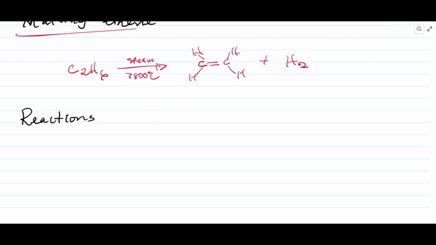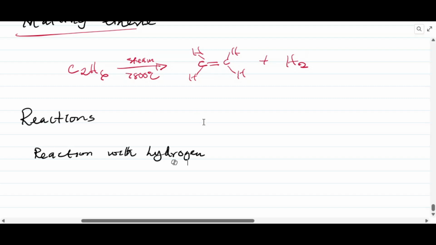The first one is reaction with hydrogen. I can call it hydrogenation, but it is not mentioned in IGCSE. I will just say reaction with hydrogen. Or if you want, it is also called hydrogenation. So this reaction is ethene, C2H4.